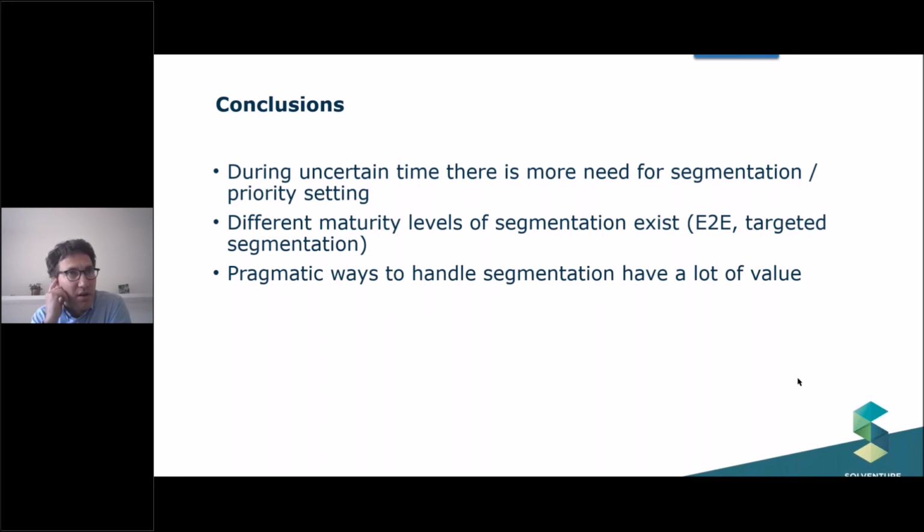Having that discussion with the different players around the table, about the triangle of service, cost, and cash, is a great start to identify the actual way it is treated, and to already have some ideas on potential criteria to be used for the future segmentation.